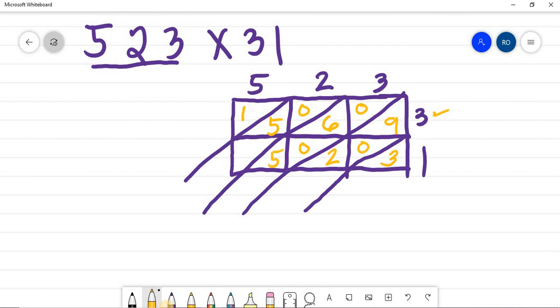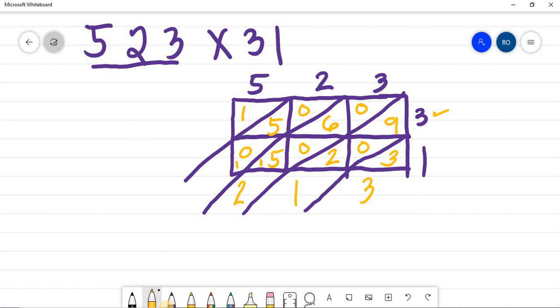Now let's add up the diagonal numbers. We have nothing to add with 3, so let's write 3. Now let's have 9 plus 0 is 9 plus 2 is 11. 11, carry 1 here. 0 plus 6 is 6 plus 0 is 6 plus 5 is 11 plus 1 is 12.